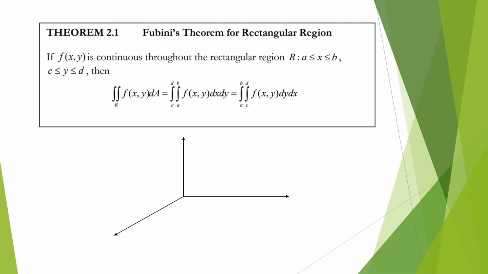Fubini's theorem for rectangular region. How do we know that we have a rectangular region? We look at our region R here. Your x is in between a and b, so constant, constant.